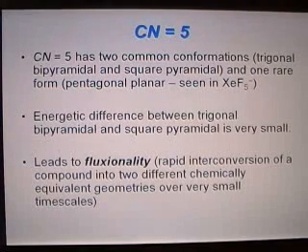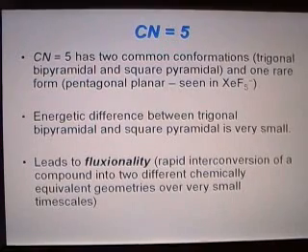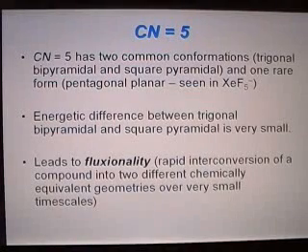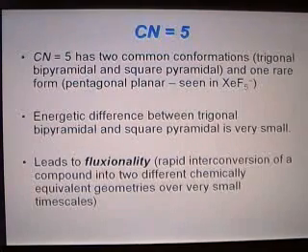Fluxionality is the rapid interconversion of a compound with a coordination number of 5 into two very similar geometries, and it happens over small time scales. As a matter of fact, it happens so fast that NMR cannot distinguish the difference between the trigonal bipyramidal and square pyramidal forms of a compound.